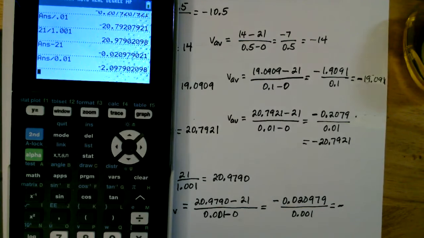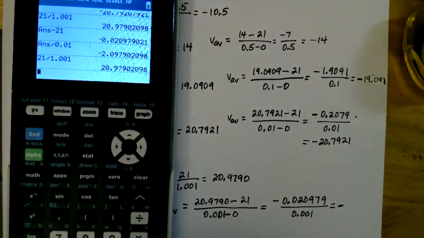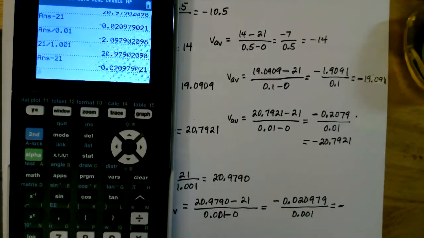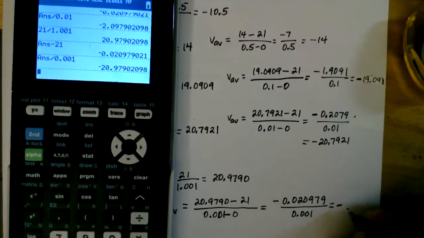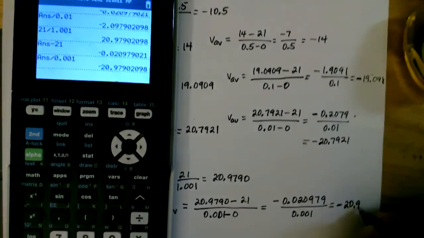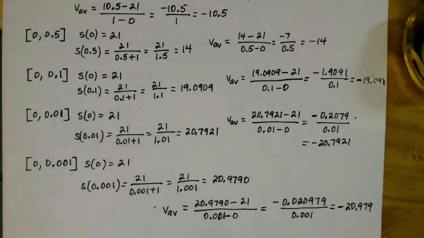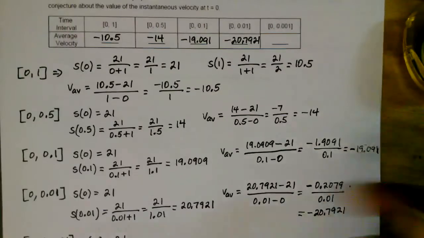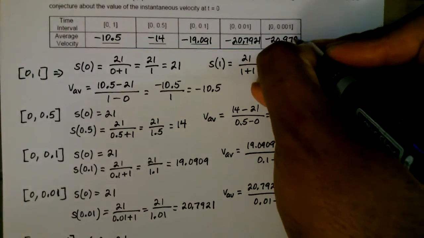Okay, I have to do this by hand. Let's see, 21 divided by 1.001, that's this, minus the 21, that's going to be that. Divide that by 0.001. That's what I wanted, negative 20.979. All right. Now, go ahead and fill in that negative 20.979.